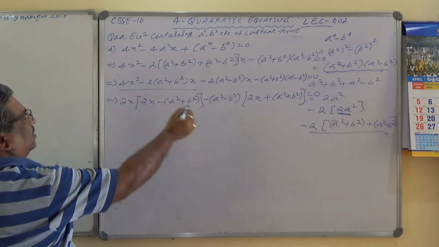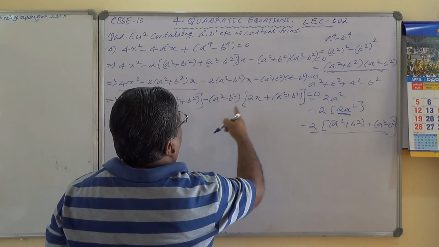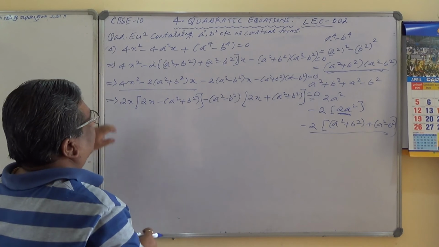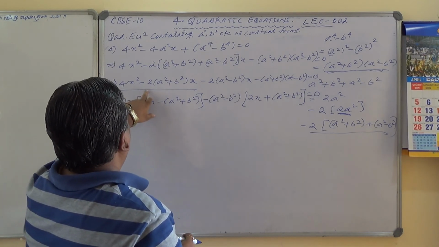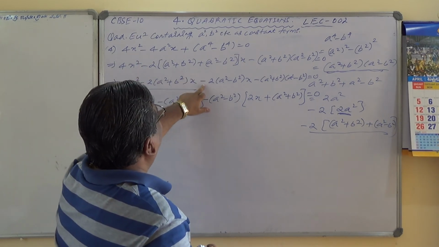Here, I have taken minus, minus into minus is plus. Just a moment, let me check. 2x minus here, minus of minus is plus.